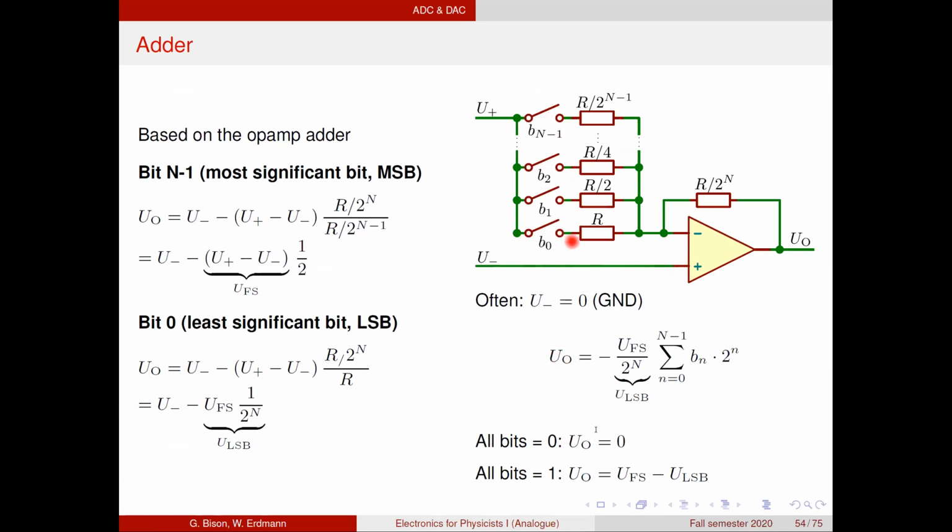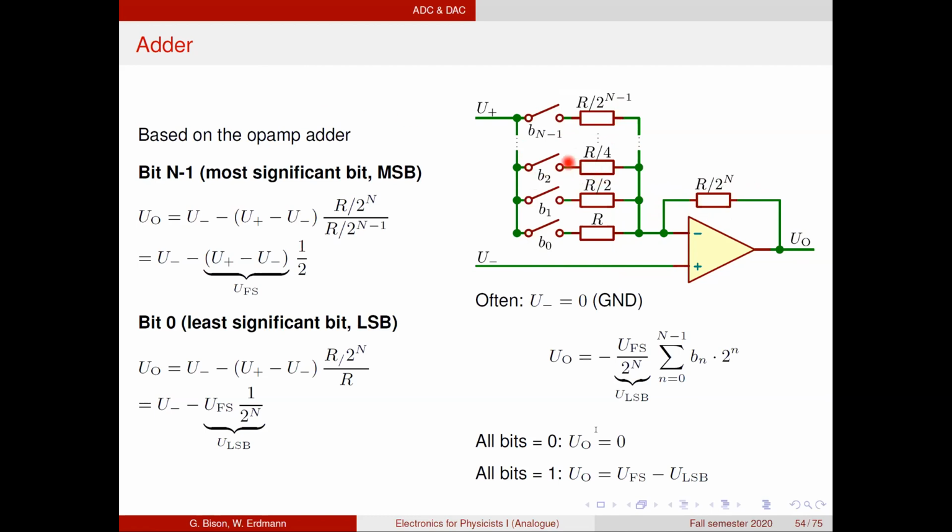And the trick here is that we scale the resistors in this adder in a particular way, such that we have a basic resistance value of R, and this is the least significant bit, and then every higher bit gets a resistor that is divided by a factor 2. So this is R/2, R/4, and so on until the most significant bit is R divided by 2 to the n minus 1. And then in the feedback of our amplifier, we use a resistor that is R divided by 2 to the n.